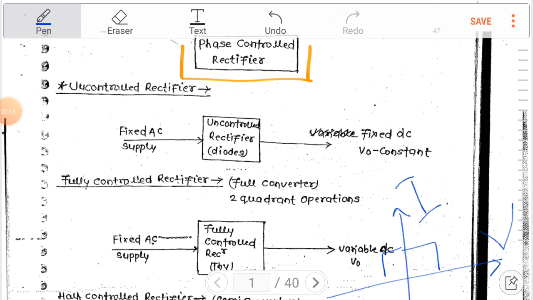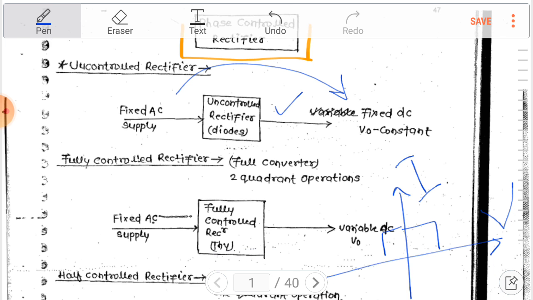Rectifiers in general are described based on controllability. It is an uncontrolled rectifier if we are using diodes to convert a fixed AC supply to a fixed DC or constant voltage supply.